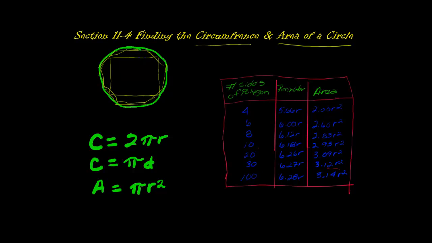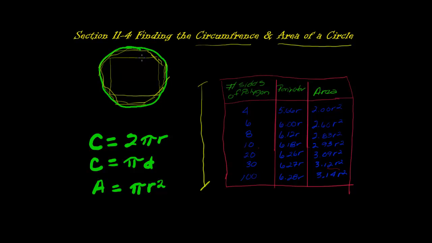So the more sides that we have, the closer the area of the regular polygon becomes the area of a circle. So that is all over here in this chart that I've brought over from page 446.